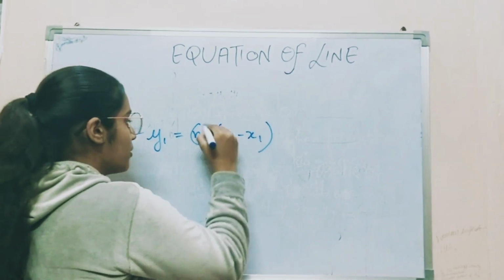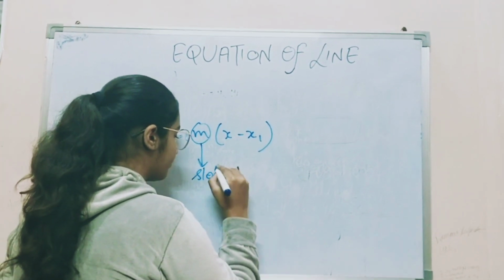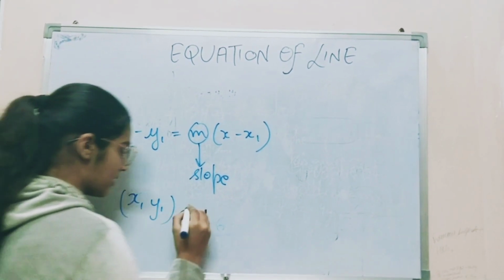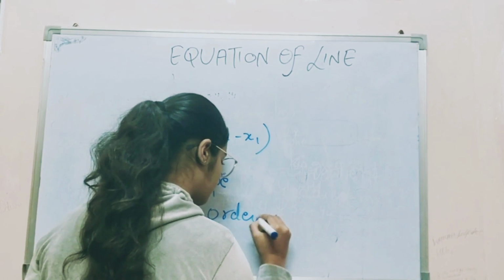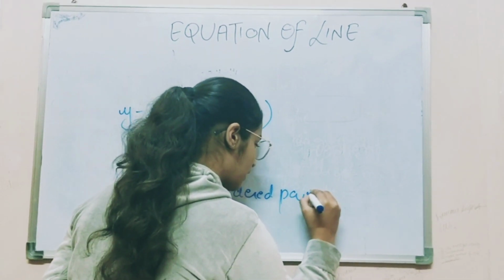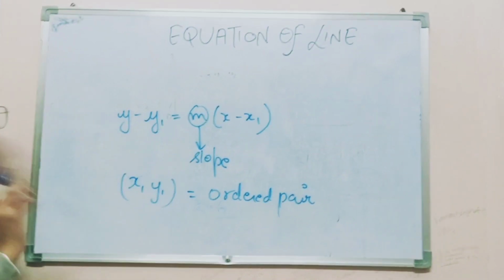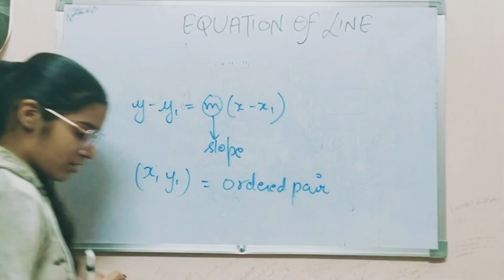Here m denotes the slope and (x1, y1) is our ordered pair. And this (x1, y1) is basically the first ordered pair which is given to us in the question.